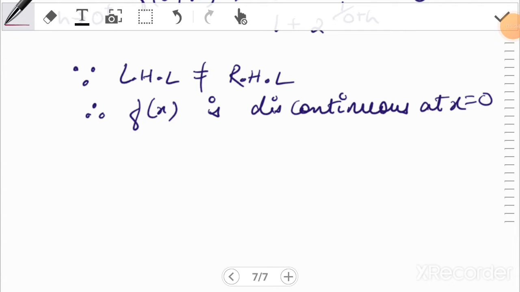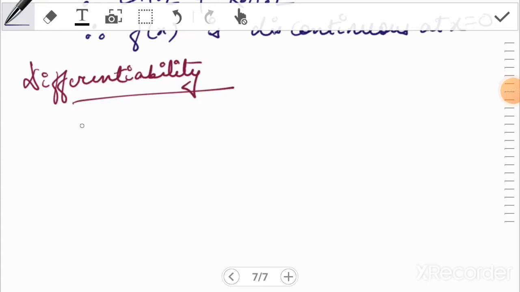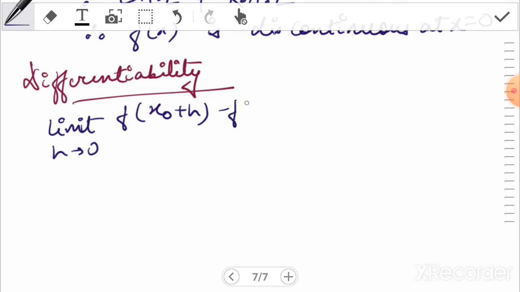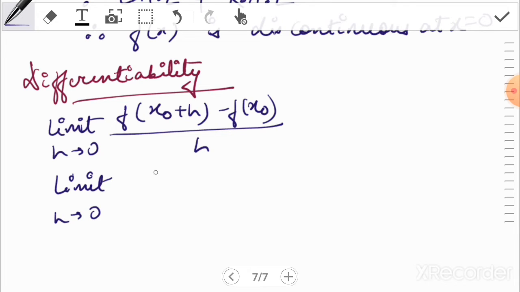So next is differentiability. A function is said to be differentiable if the limit as h tends to 0 of f(x naught plus h) minus f(x naught) by h, and the limit as h tends to 0 of f(x naught minus h) minus f(x naught) by minus h.